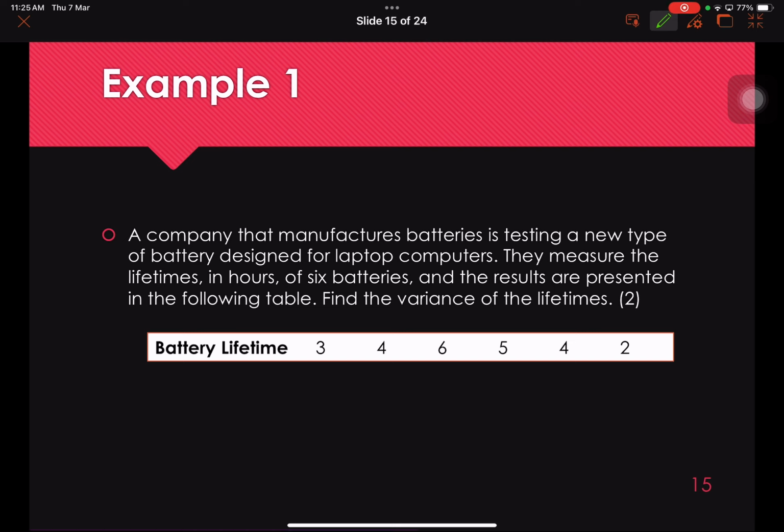Okay. All 2? Yes? All 2? Wait. The test won't wait for you guys later after Raya.